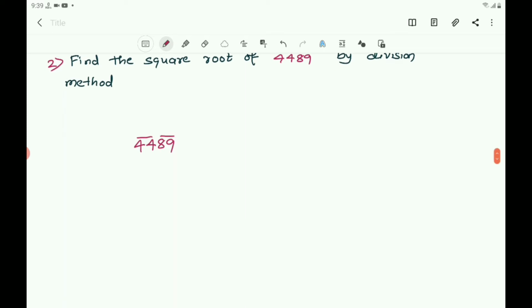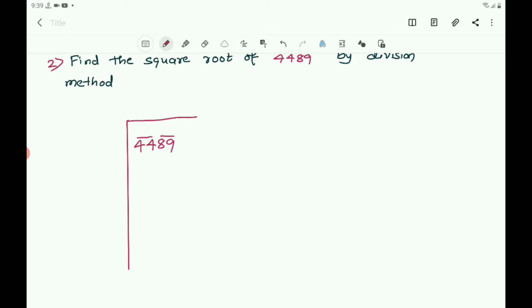Now find the square root. Which is the first group? 44 is the first group. So find the nearest perfect square to 44. Which is the nearest perfect square?